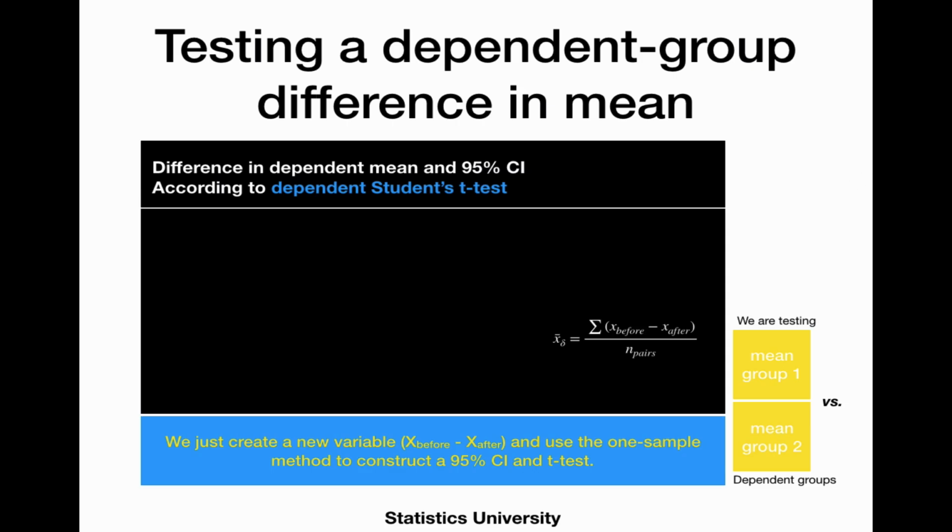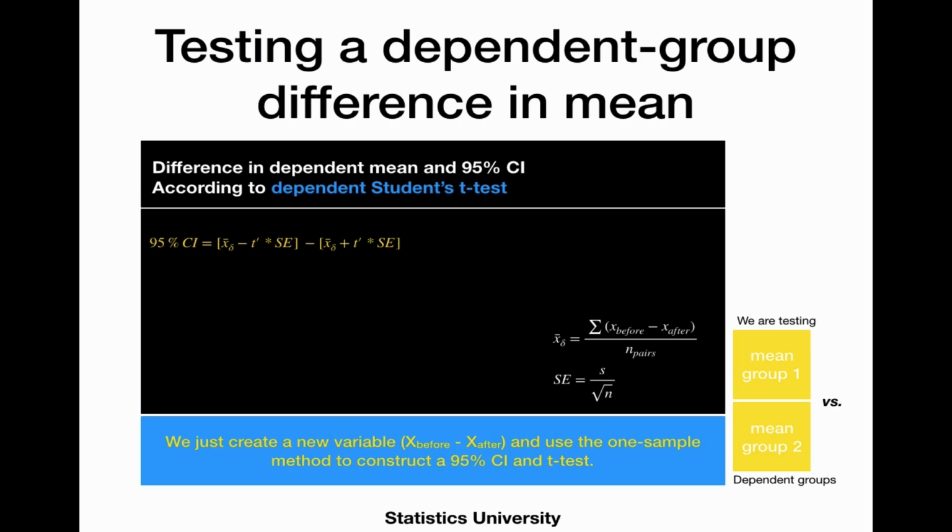So this is what it looks like. We first take the sum of the values before minus after, and then divide it by the number of pairs to create a new sample mean of the difference. And then we calculate the standard error as the standard deviation of the sample divided by the square root of n.